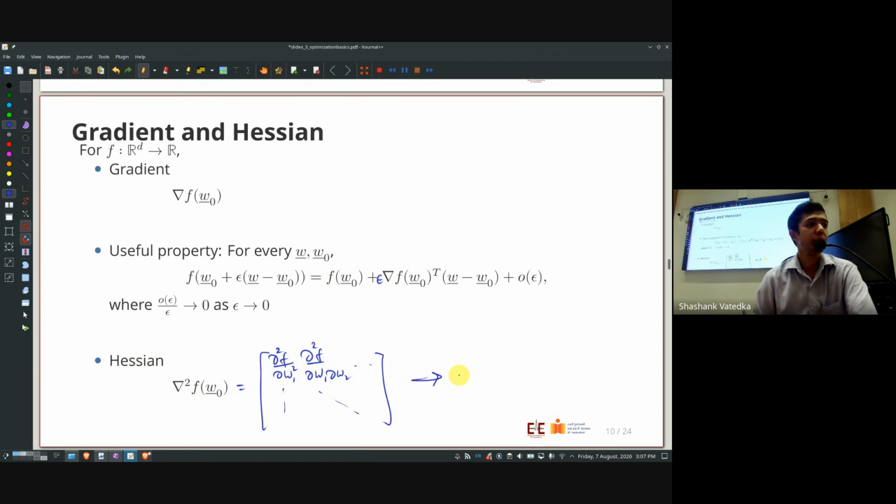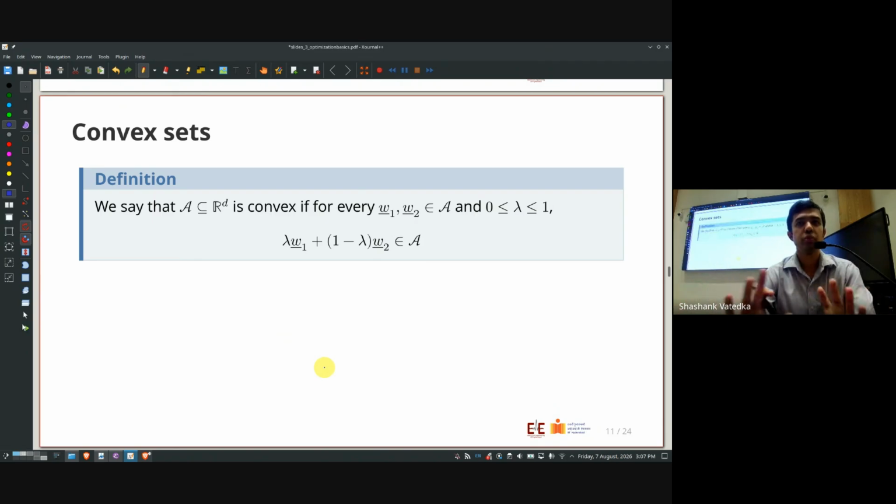So this is a symmetric matrix, and that just follows because ∂²f/∂w1∂w2 is equal to ∂²f/∂w2∂w1. Any questions? Okay. So far straightforward.